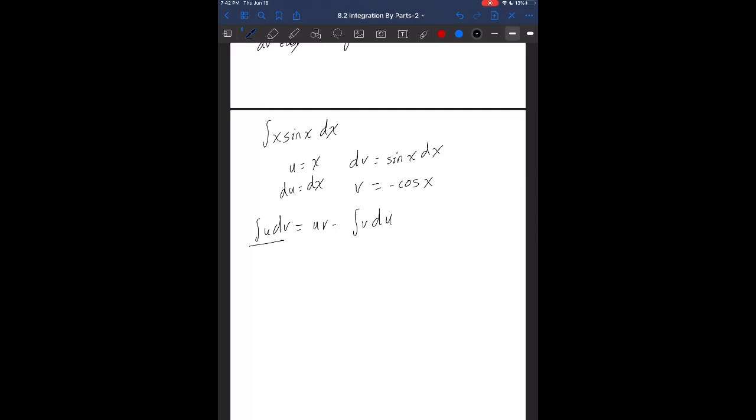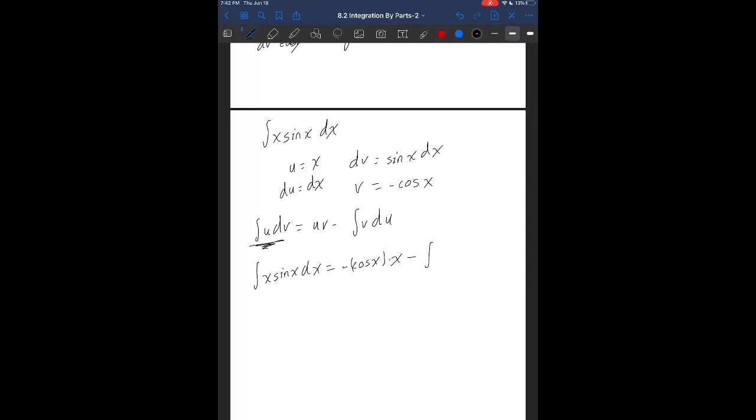So the left-hand side right here matches up. We have u times dv is x sine of x dx, which is what we want to take the integral of. So the integral of x sine of x dx is equal to u times v, or negative cosine of x times x, minus the integral of v.